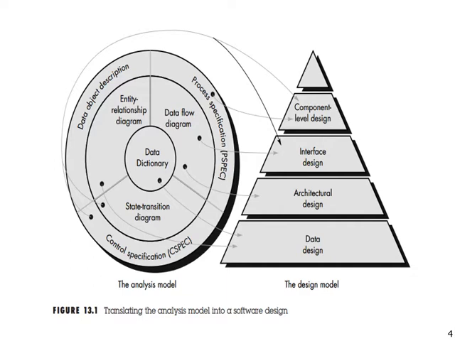Otherwise, if I take component level design in the design model, it gets the information from the process specification, from control specification and state transition diagrams. So this is how the information from the analysis model is used to develop the design model.